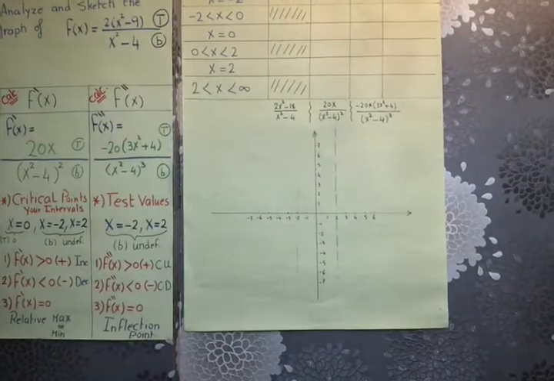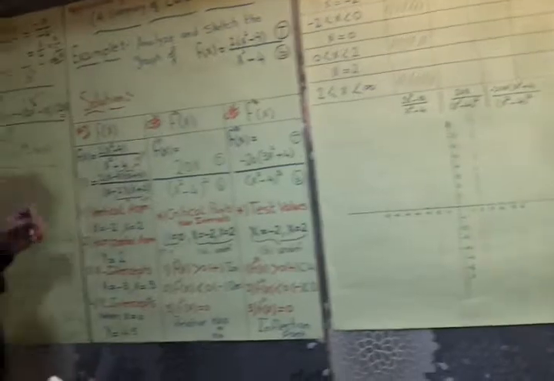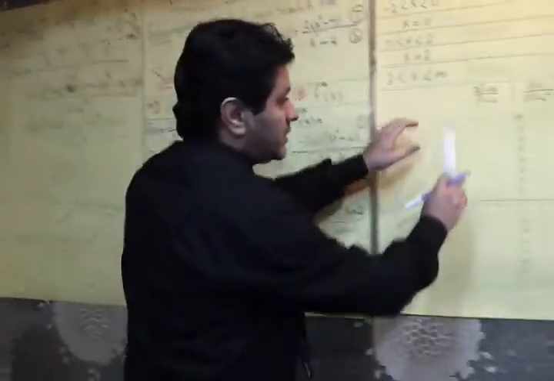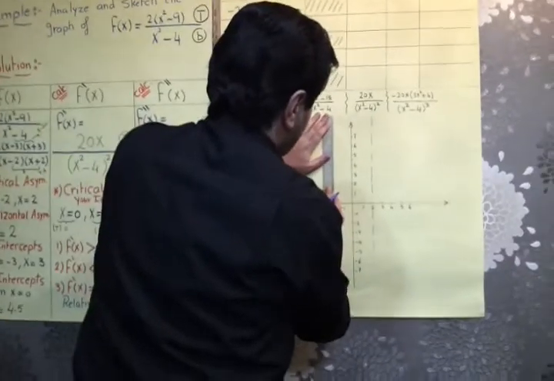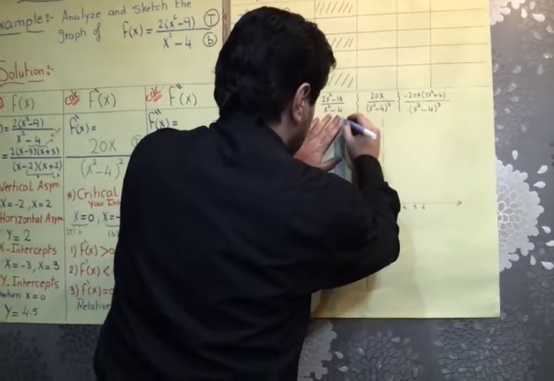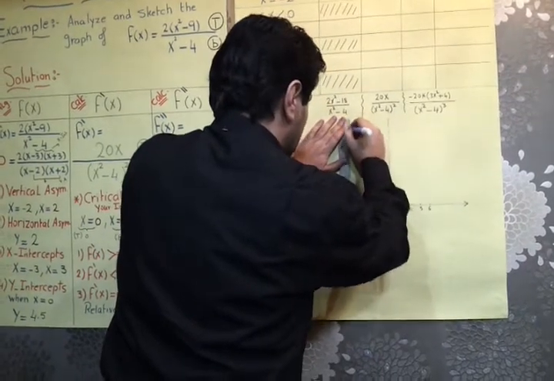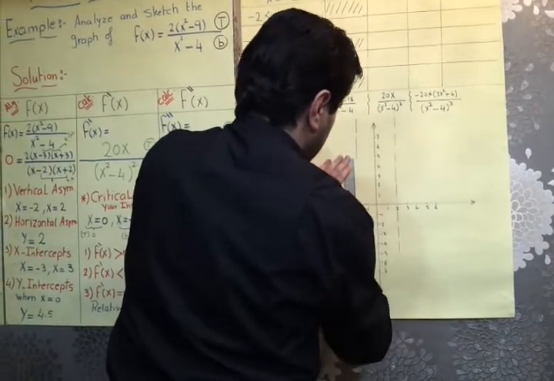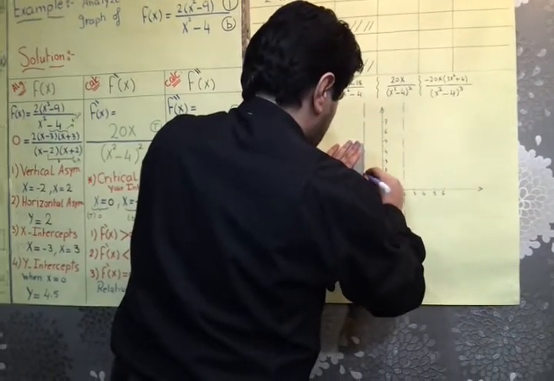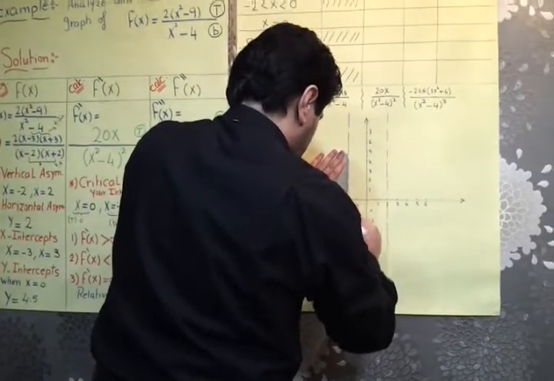Another vertical asymptote, x equals -2. Let's draw another one, passing the point x equals -2 on the x-axis as a vertical asymptote, passing through the point -2.